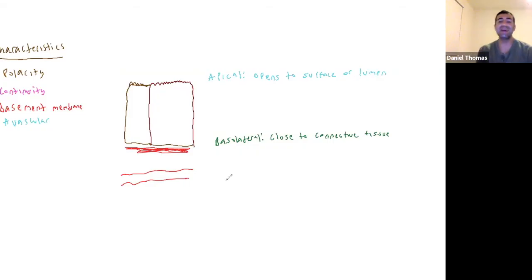All right, and next, probably the best property of these is regeneration. So there are a group of cells that we call stem cells. And stem cells have an ability to differentiate into many other cells.